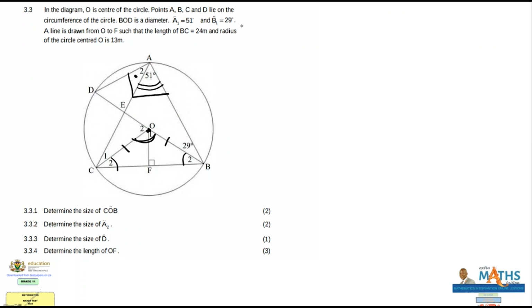51 degrees, 29 degrees is also drawn such that BC is equal to 24 centimeter. Where is BC? BC is the whole of this length, which is 24 meter, and the radius of the circle O is 13 meter. The radius, which is OB or OA, is 13.